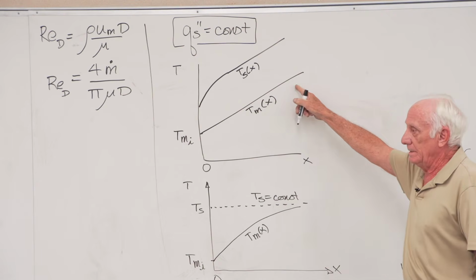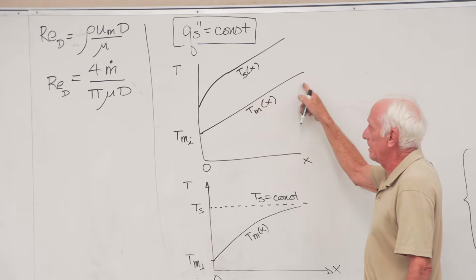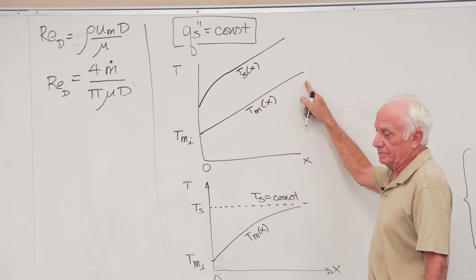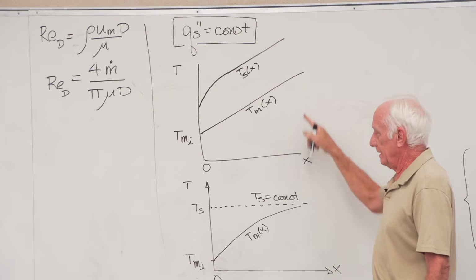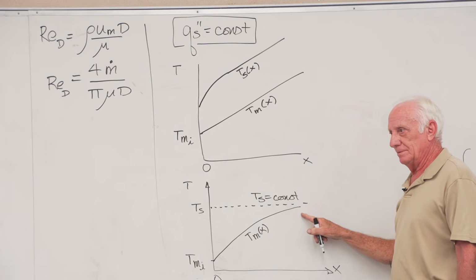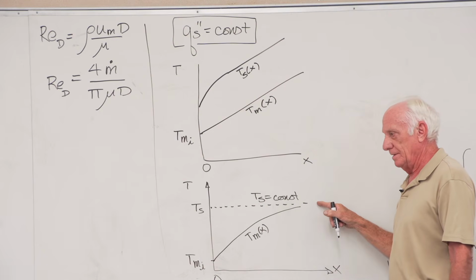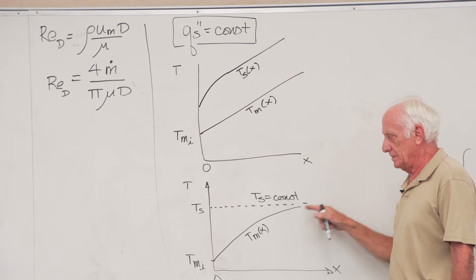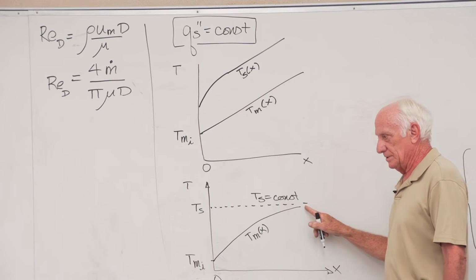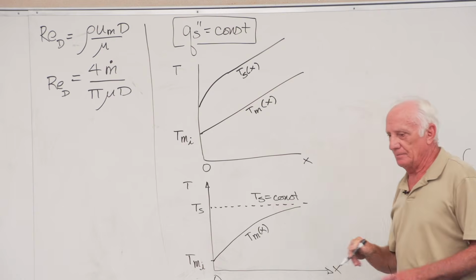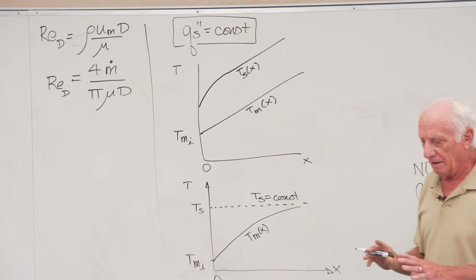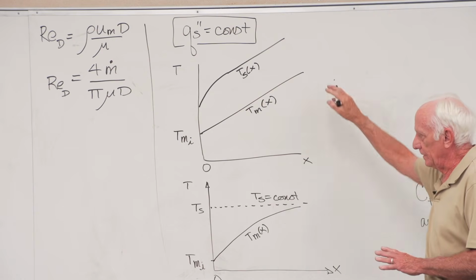This could be dangerous because it keeps getting hotter either until the tube ends or something bad happens. Down here, don't worry about it too much because it's never going to get hotter than the tube surface temperature. It's exponential. It approaches asymptotically. So there are different characteristics in these two situations.